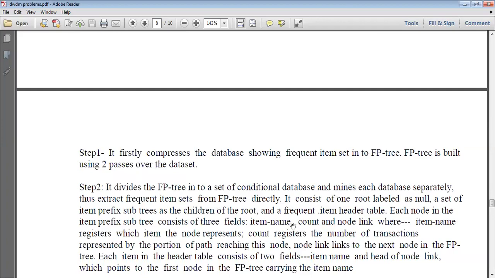Once you construct the FP tree, it has a null-based root, and the counts of items are represented using a linked list.